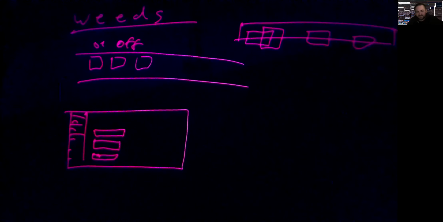This is super weedy stuff. For a given note, if this is the sequencer lane in a piano roll, a note here and a note here of the same note, you can't actually stack two of the same note on top of each other like that.